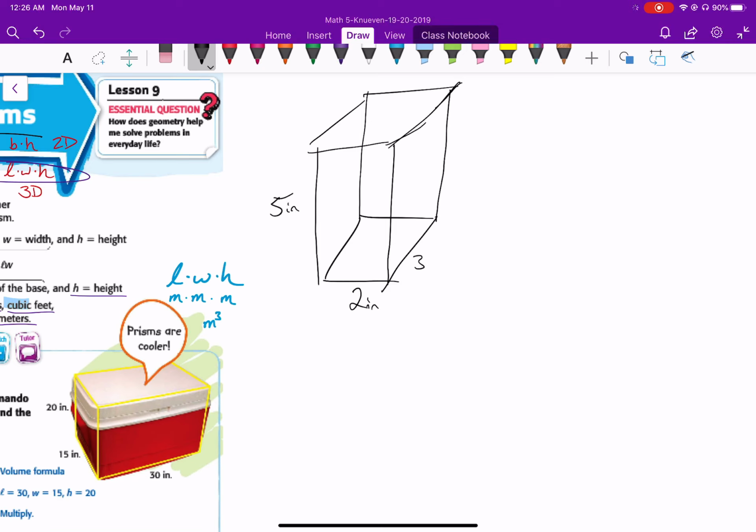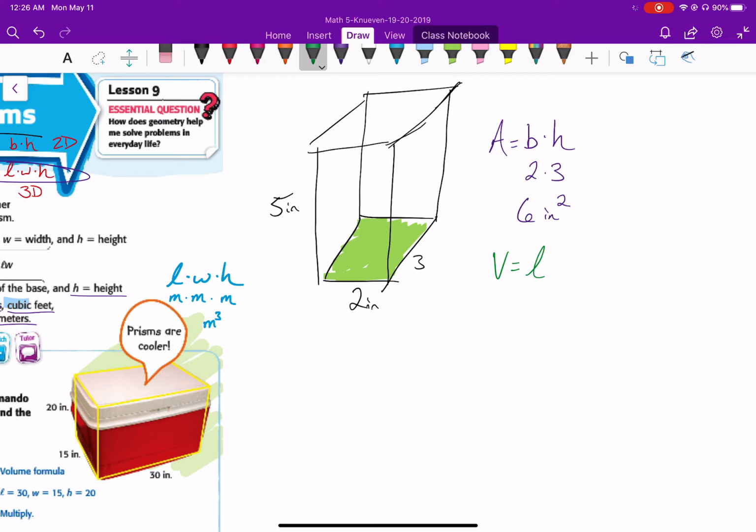So to say we are going to find the area of the base, I'm finding the area of the base down here. So that would be like saying the area is base times height. And so I would say, well, that's 2 times 3. And so the area of the base would be 6 inches squared. Now we are going to add in this third dimension, and that is our height of the entire thing.